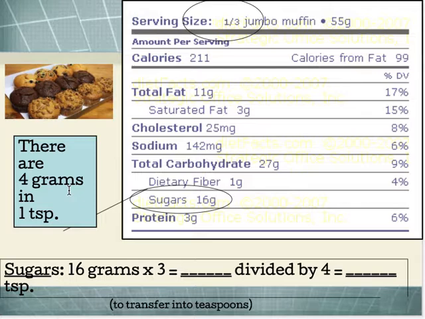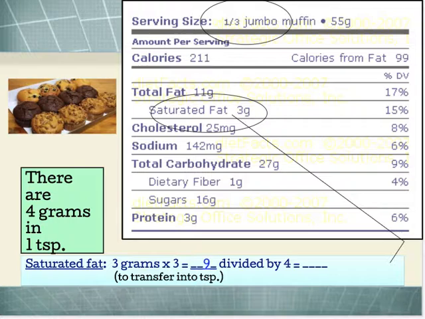So my real quick math here says if I take 16 grams of sugar and multiply that by 3, I'm going to get 48 grams of sugar in the muffin. I'm going to divide it by 4 to get 12 teaspoons of sugar in 1 muffin. Sounds super healthy and super delicious, right? All right, let us continue.